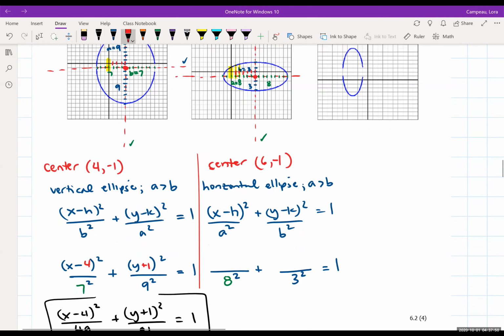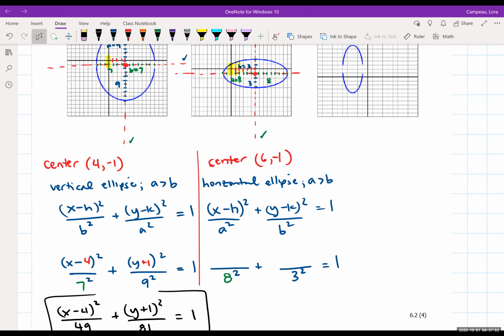So when we enter this in the actual formula, it's (x - 6), very similar to part A. So (x - 6)², keeping in line with the formula. And then the y value is the same. It is y minus a -1. So that's going to give us (y + 1)².